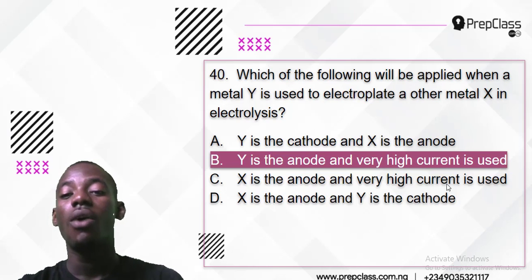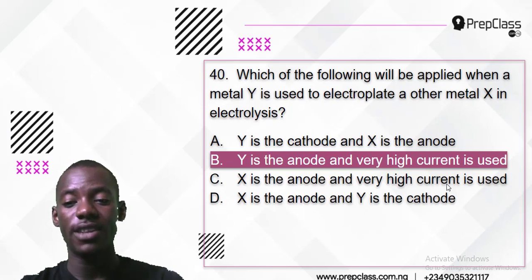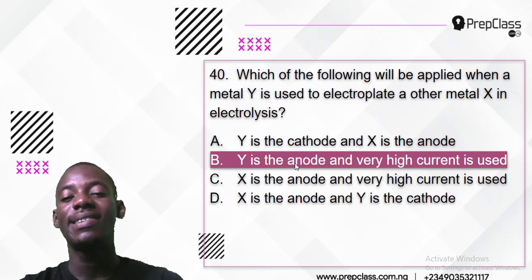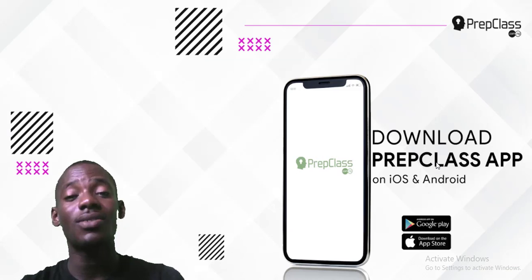If they had said Y is the anode and X is the cathode, that is correct. Okay, all the options are wrong. So Y is the anode and X is the cathode, and it happens at high current is correct, and that is the answer to that question.